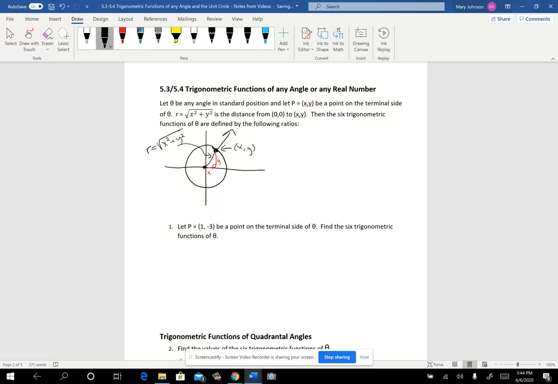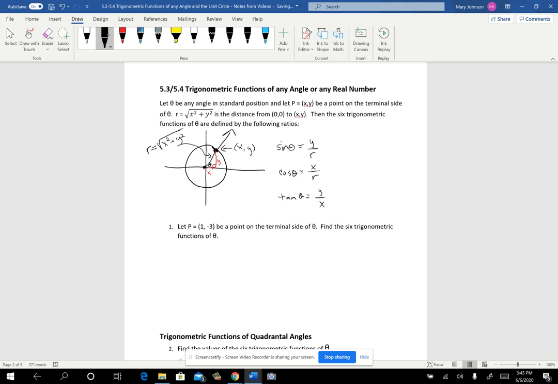So the trig functions for this angle right here can be defined in terms of x, y, and r. And sine turns out to be y over r. Cosine turns out to be x divided by r. And tangent of the angle is the opposite, which is y, over x.